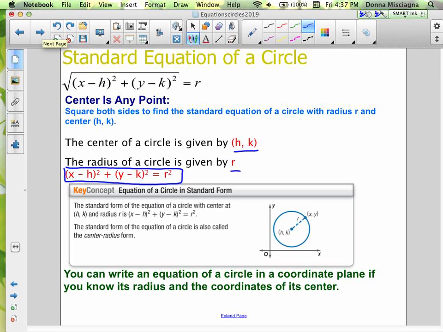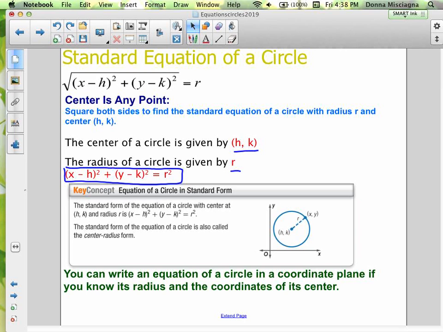So the square root of x minus h squared plus y minus k squared is equal to r. The x and y are any point on the circle, so they're going to stay x and y. The h, k is specifically the center, and r is the radius, and when we square both sides, we find the standard equation of a circle with radius r and center h, k.